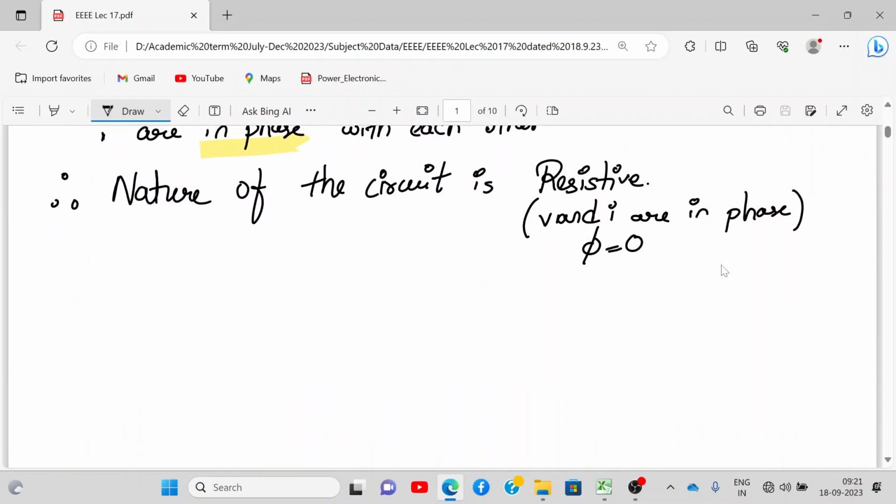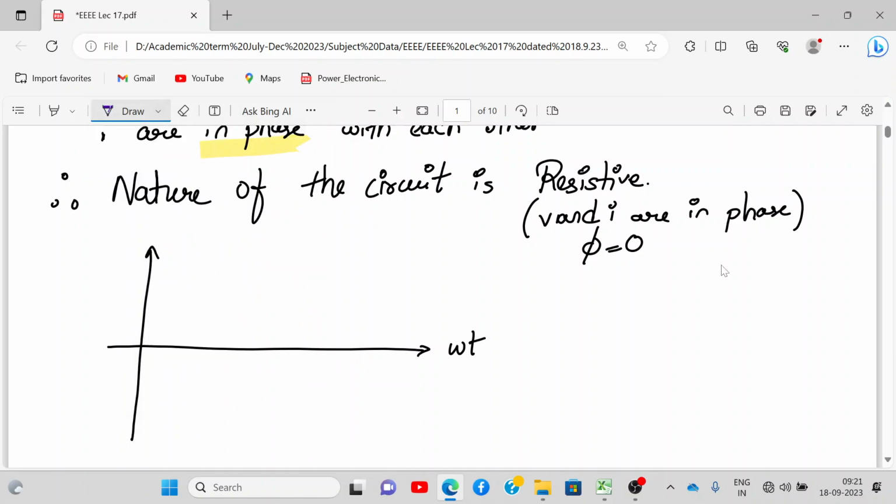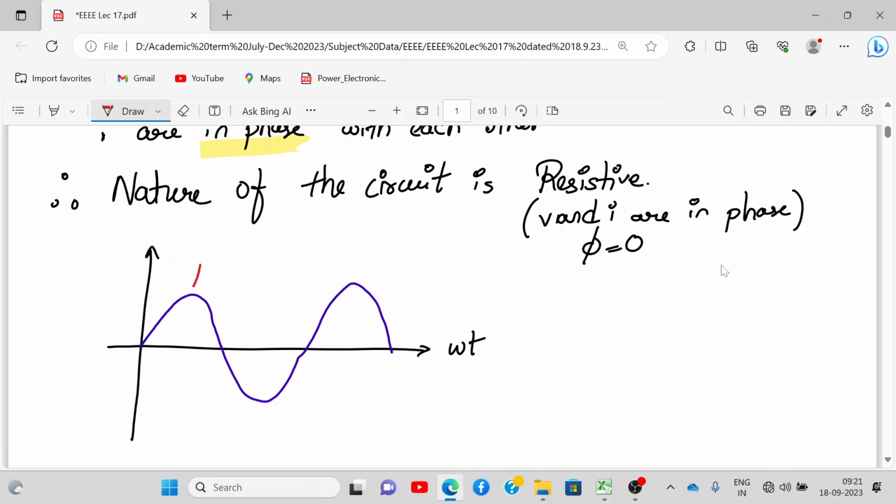Now, if I want to plot these waveforms, how will I plot? I want to plot omega t versus this waveform. So let's say this is my sinusoidal waveform. How will my current waveform be? This is v. Same but lesser magnitude. Why?